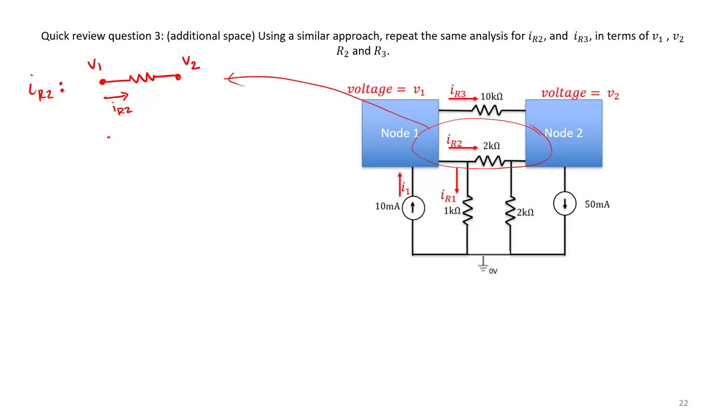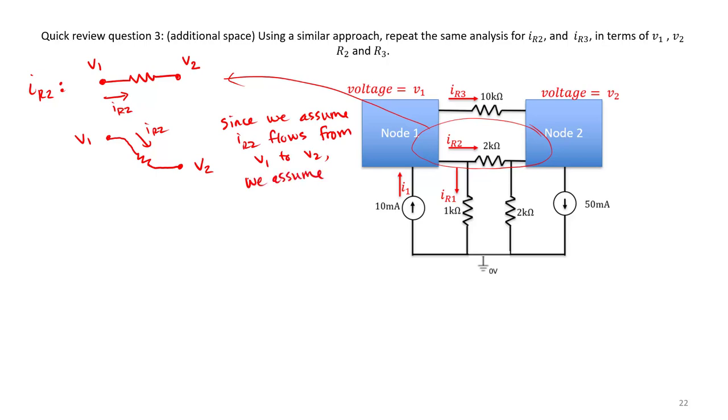Another way to think about this is to use our water wheel analogy. Remember, current must be flowing from a higher voltage to a lower voltage. So since we assume IR2 is flowing from V1 to V2, we assume V1 must be greater than V2.